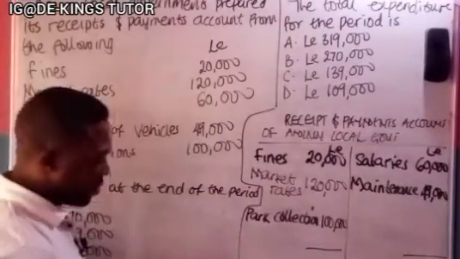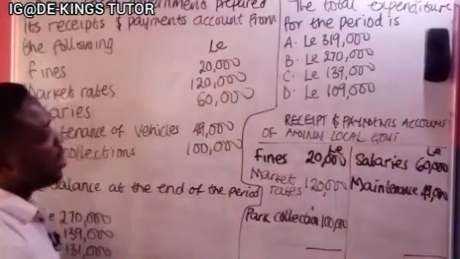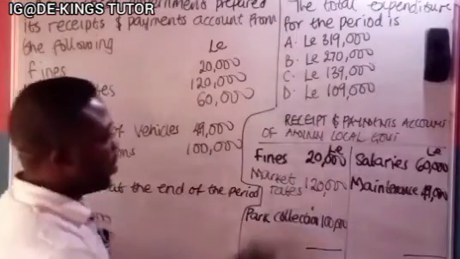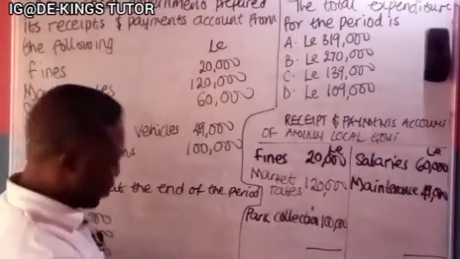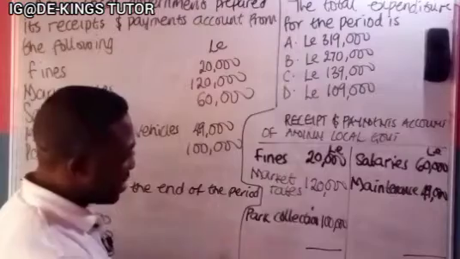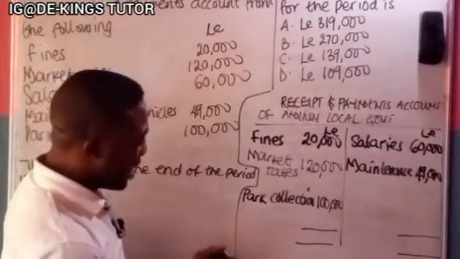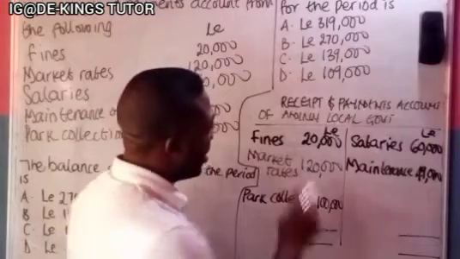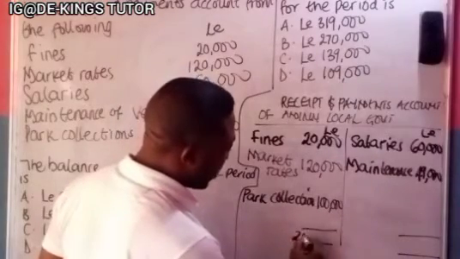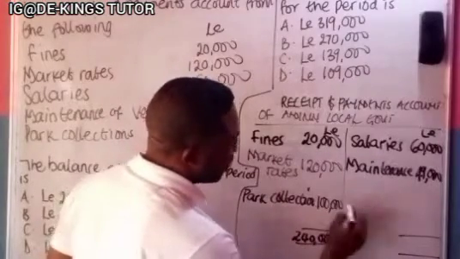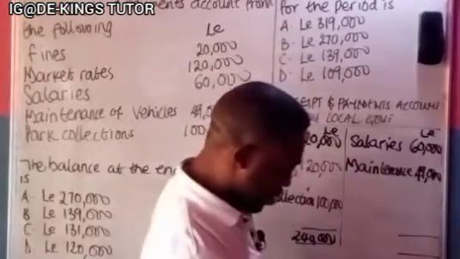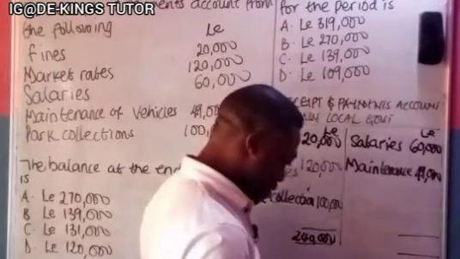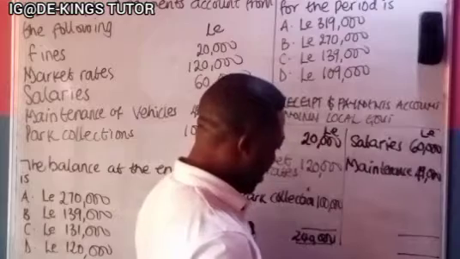So for this now, let's get the balance. The debit side will give us 120 plus 100 is 220, plus 20 is 240,000. Then on this side, 60 plus 49 is 109.